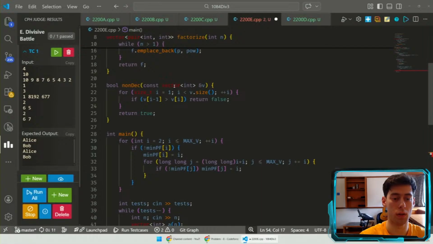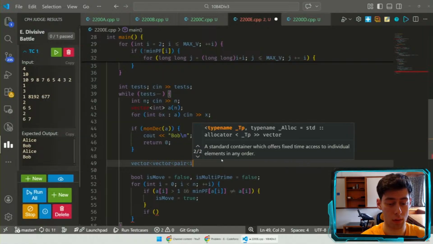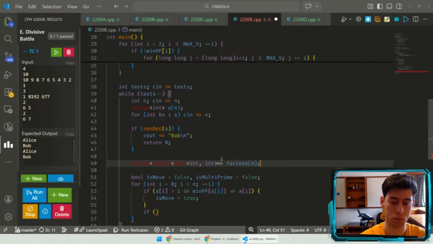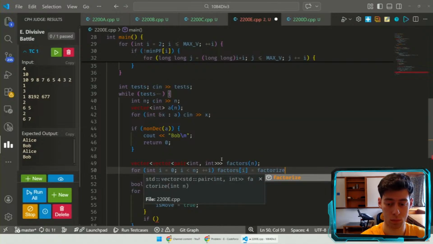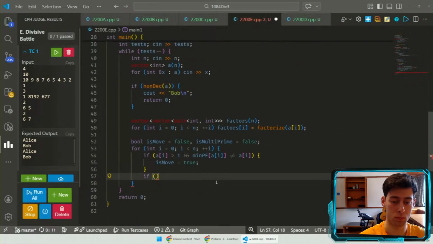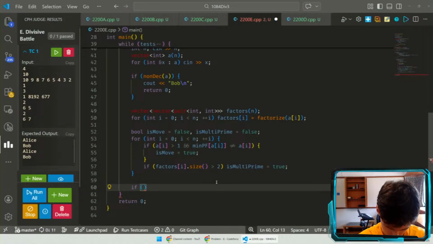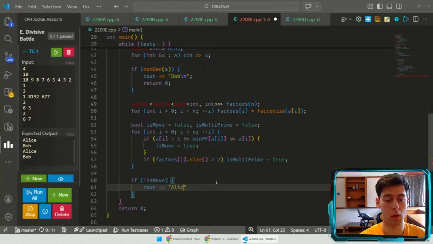Wait, I need to factorize all these. So if there are no moves, then Alice wins.